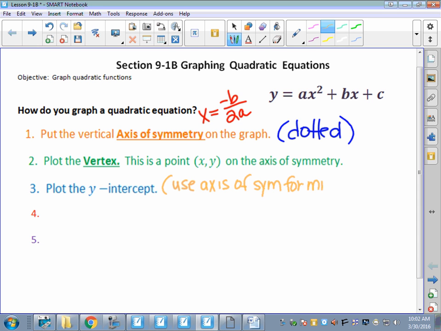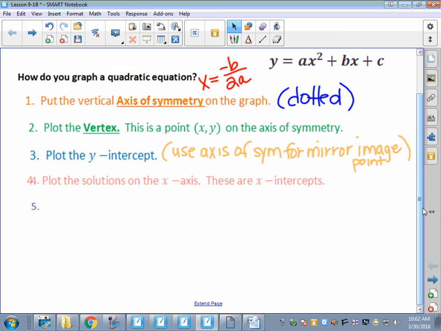So really, as long as your vertex and your y-intercept are not the same, the y-intercept gets you 2 more points because we're going to have a mirror image point from our dotted axis of symmetry.